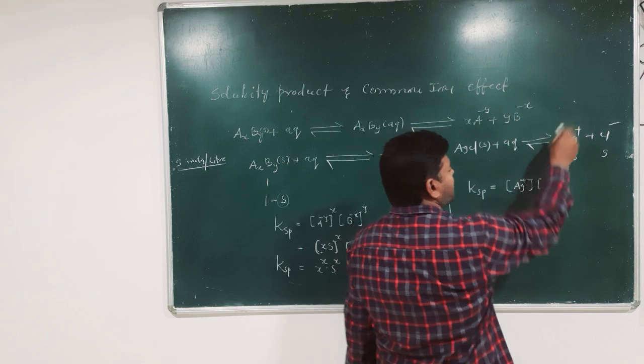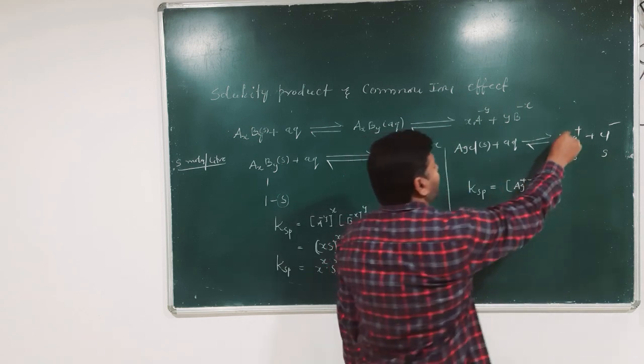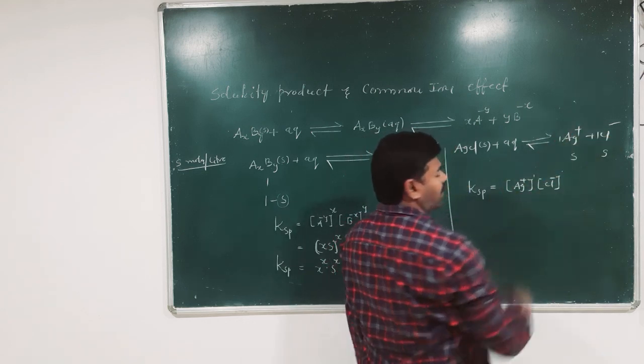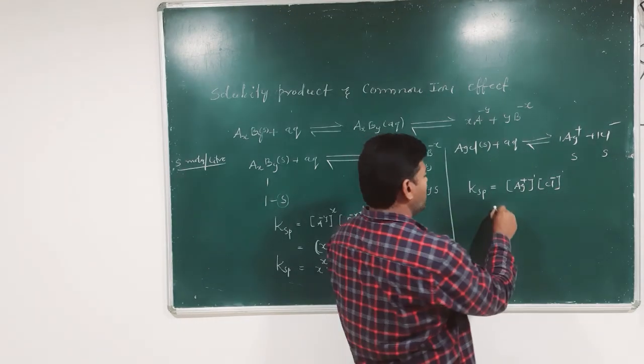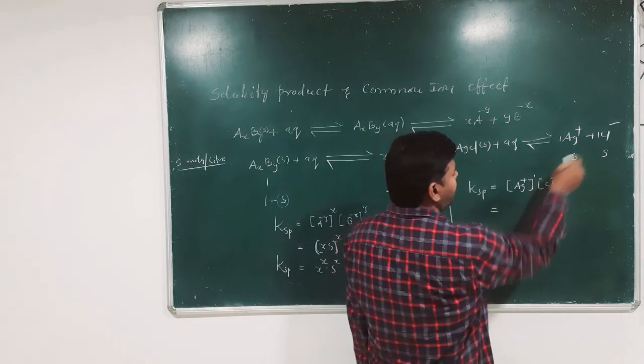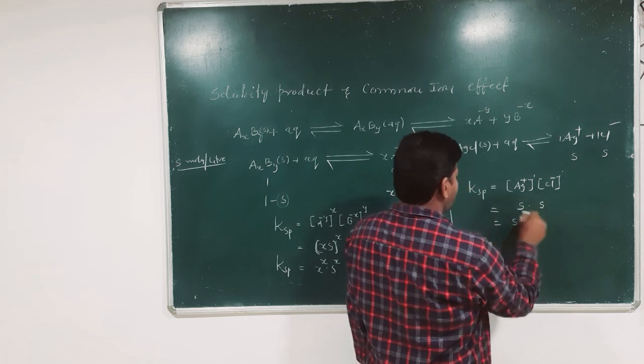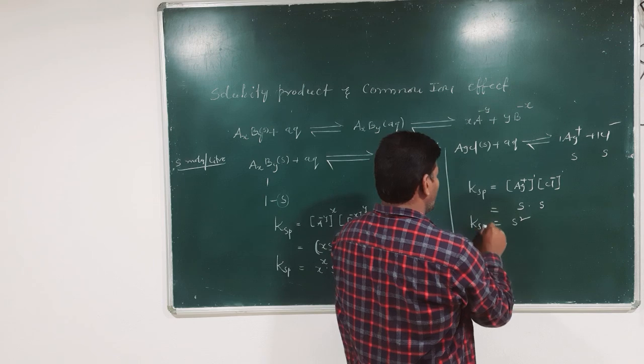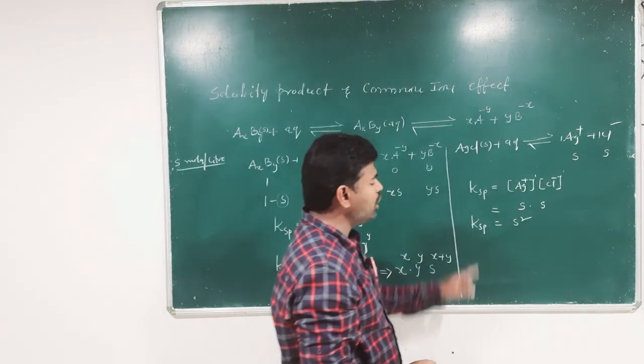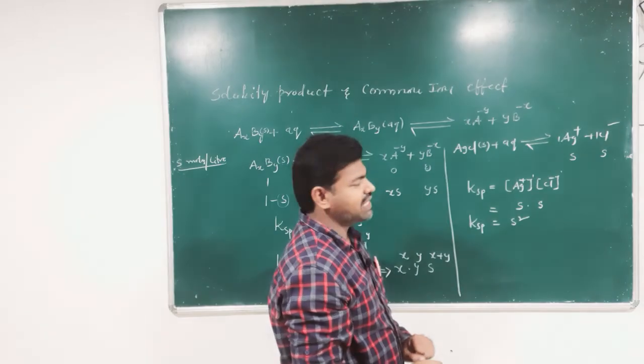Here it is 1 mole each, so we raise to 1, and the concentrations are S and S. So Ksp is equal to S square.